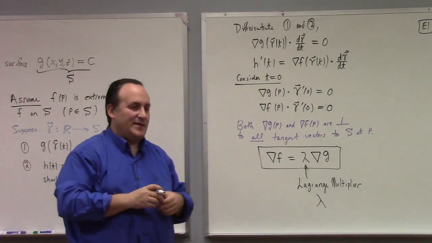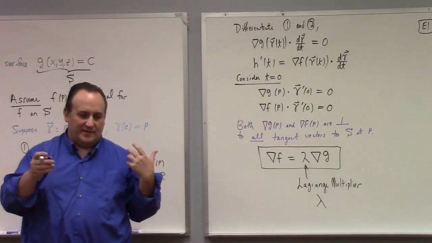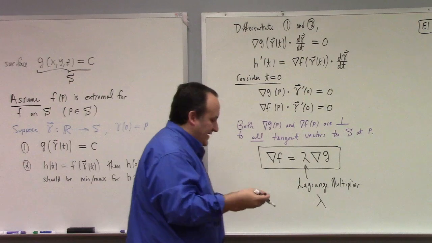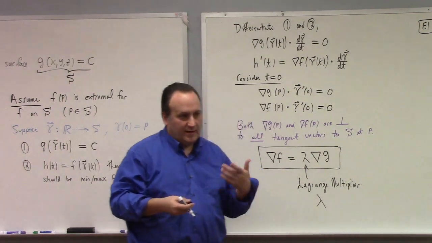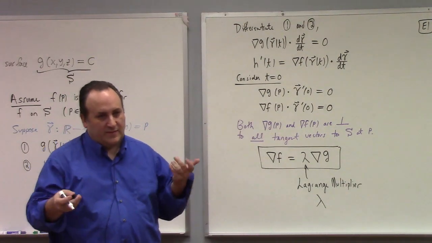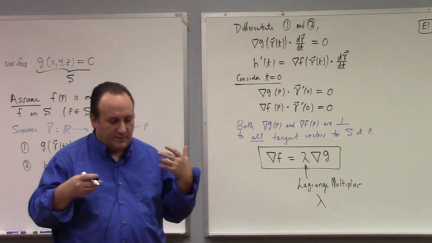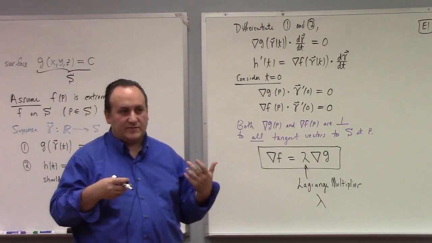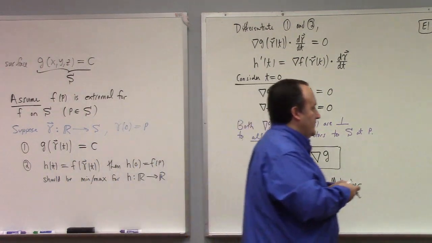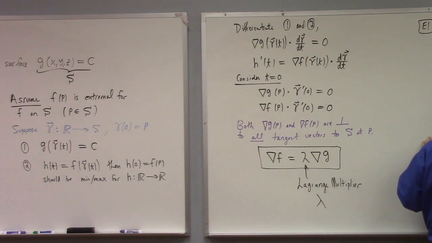I allow lambda equal to 0 in my thinking, as you'll see in the dozens of pages of calculations I have posted on my website. But lambda equal to 0 is tantamount to saying that there is a critical point for your objective function, because if lambda is equal to 0, that means the gradient of f is 0. So usually, good practice, assume lambda is not equal to 0 to find interesting points.